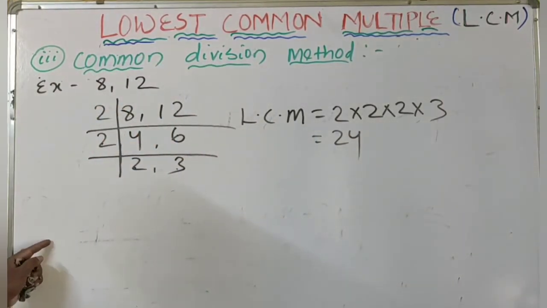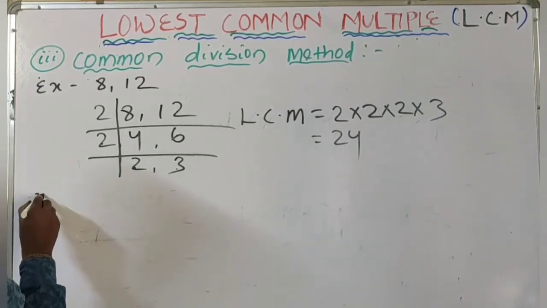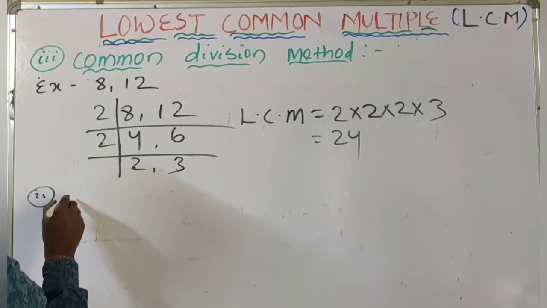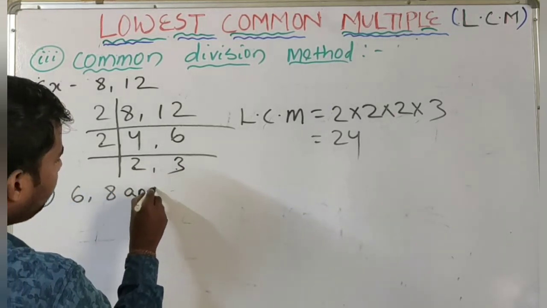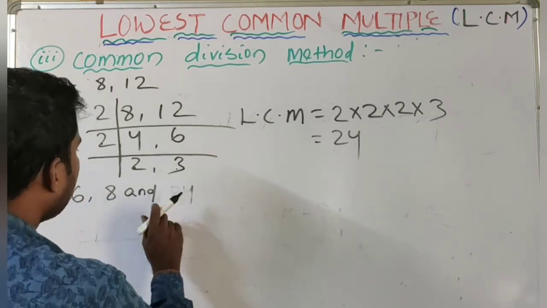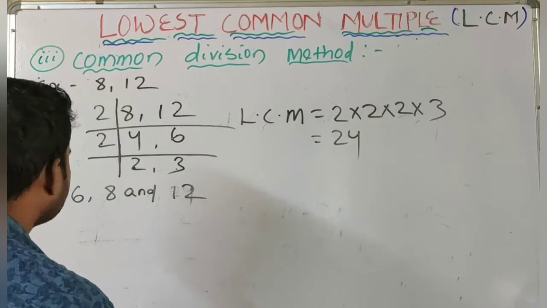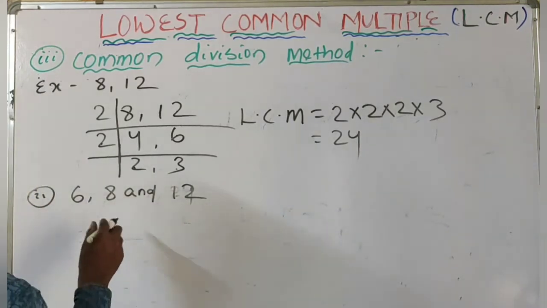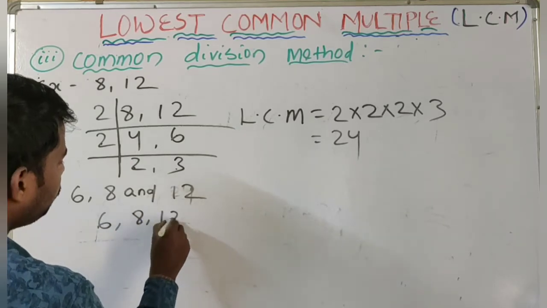Now we will learn how to find the LCM of three numbers. Suppose three numbers are 6, 8 and 12.